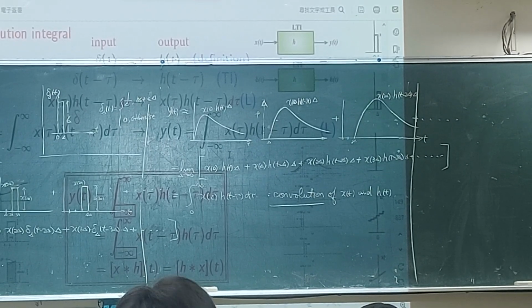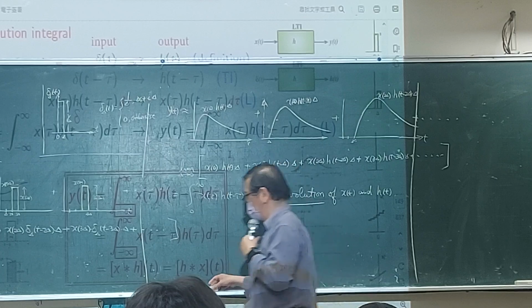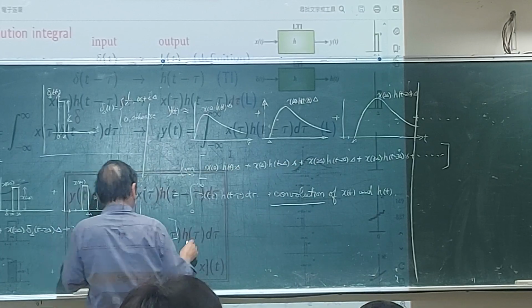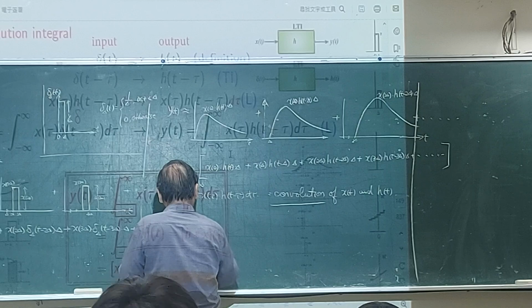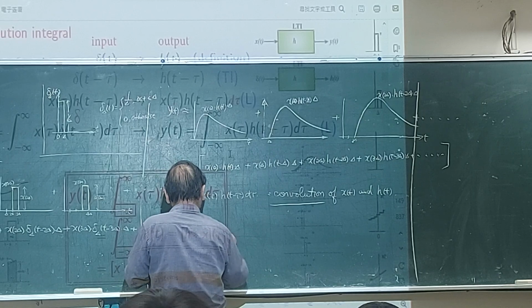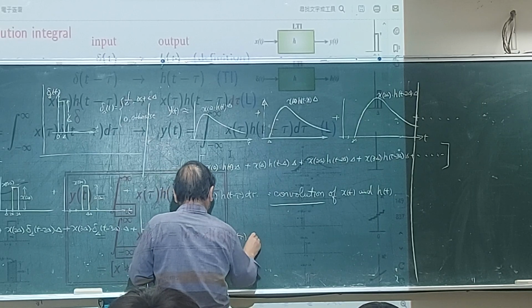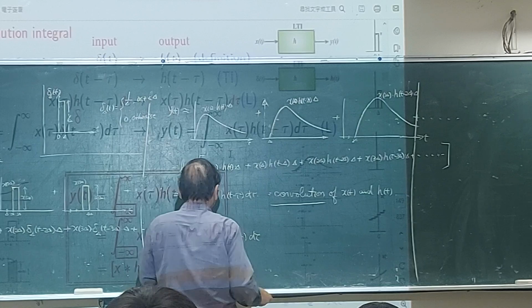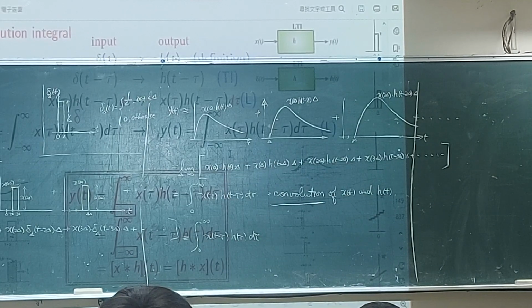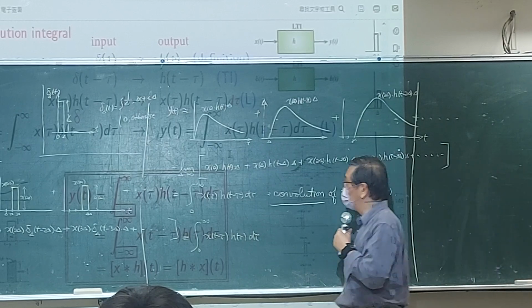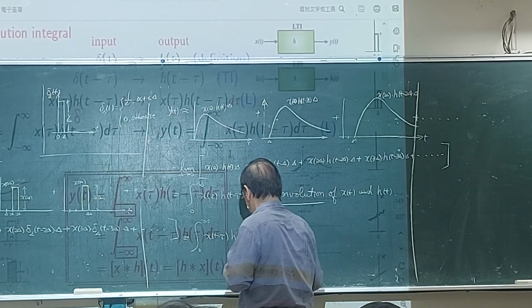Also, we can prove that this can be written the other way: x of t minus tau, h of tau. Just by changing the argument, you can prove it very quickly.